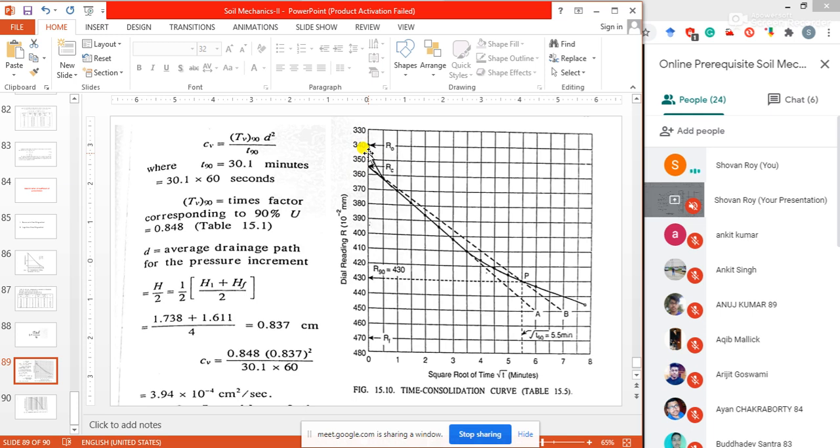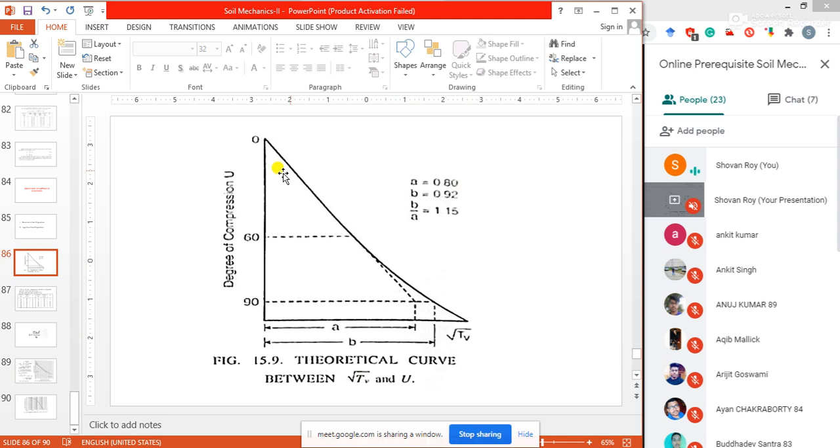From RC another line B is drawn, such that its abscissa at every point is 1.15 times that of line A.